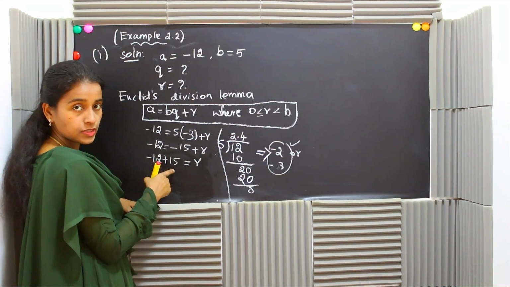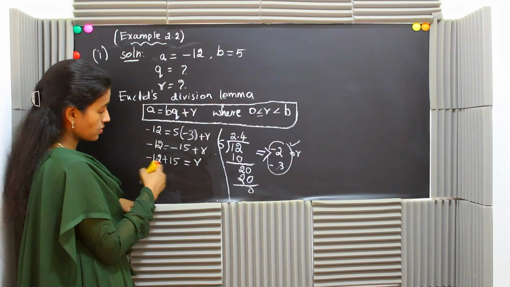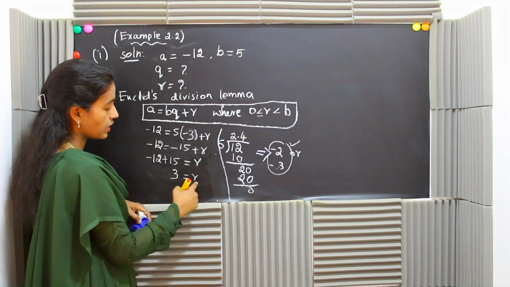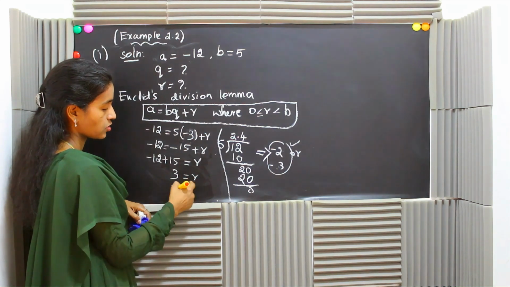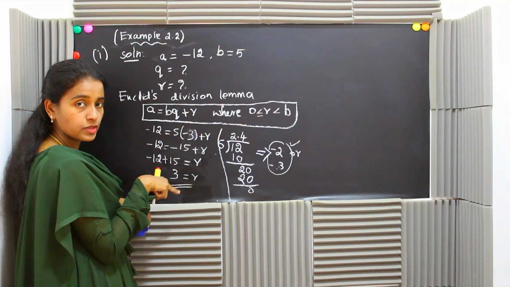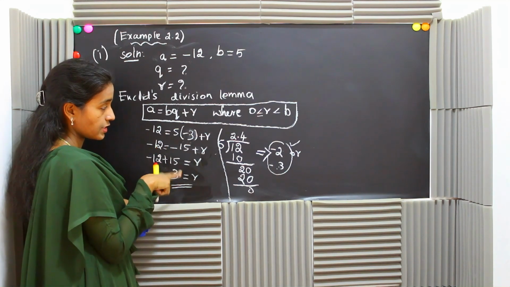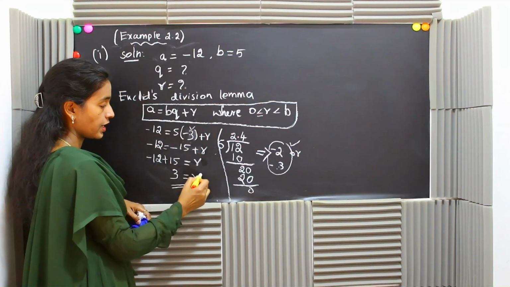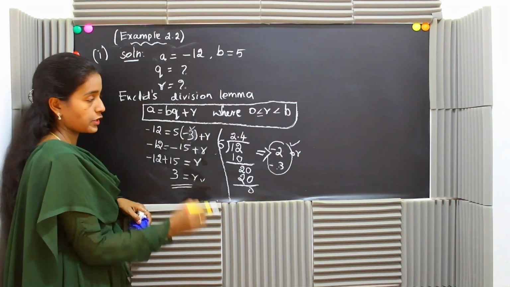Minus 12 plus 15, what would be the answer for this? R value is plus 3. So the condition is satisfied, right? Here we are getting a positive number. So we can take this as quotient and this as remainder.